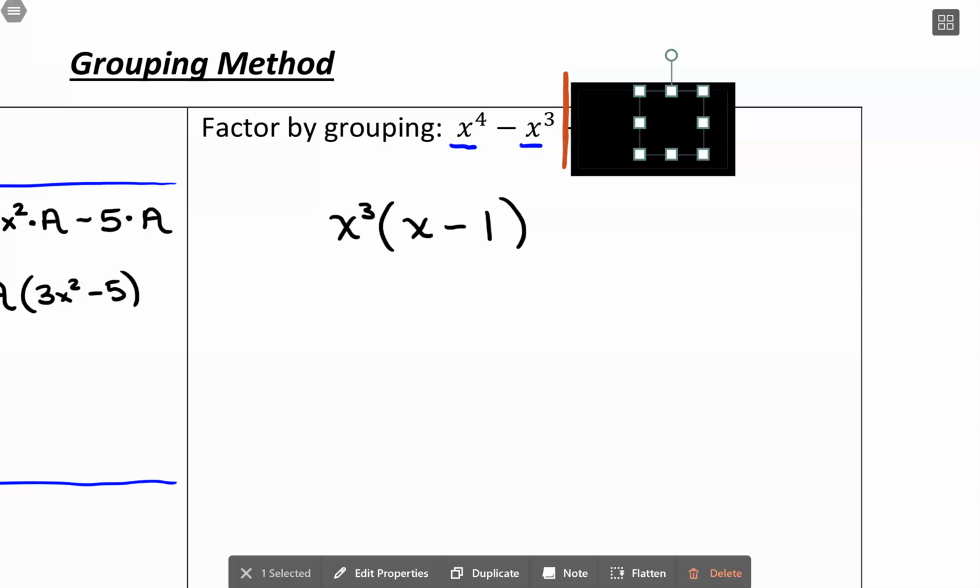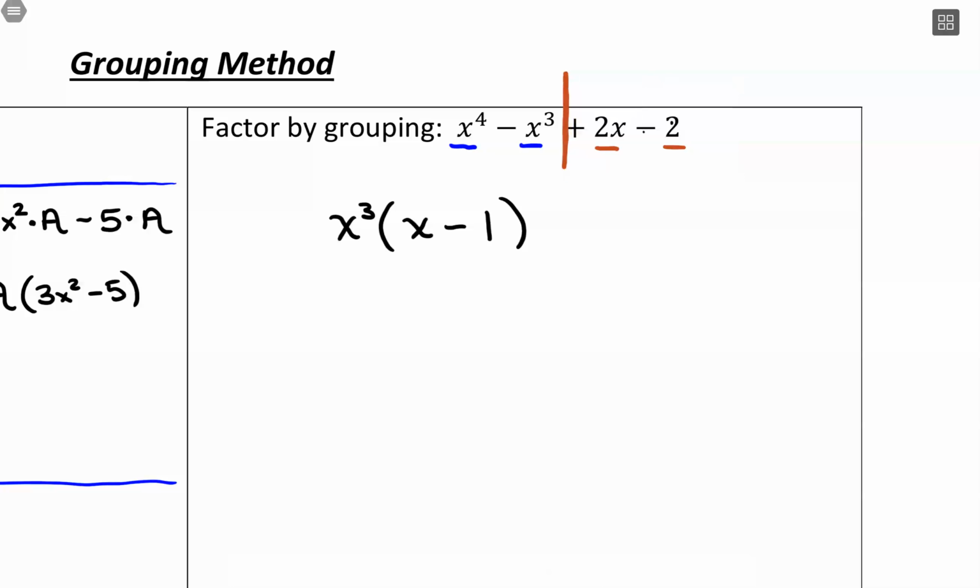What I'm going to do next is look at the right-hand side. Kind of like we did before, I'm going to ignore what's on the left-hand side and just focus on the right. Think about what's my greatest common factor here. It's going to be a positive 2. So I'm going to write positive 2. Be sure the symbol comes with it, positive or negative.